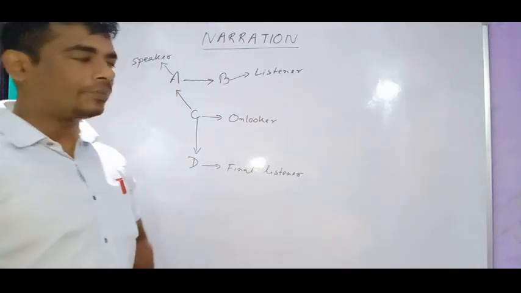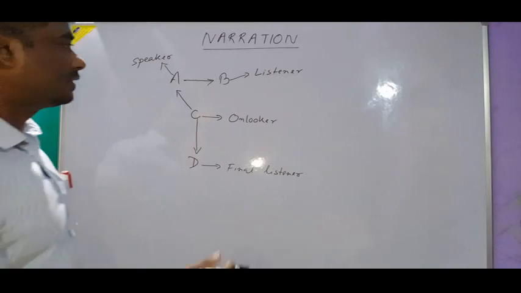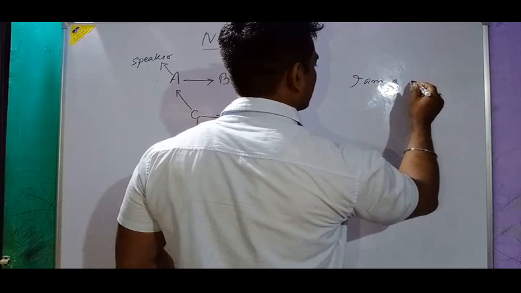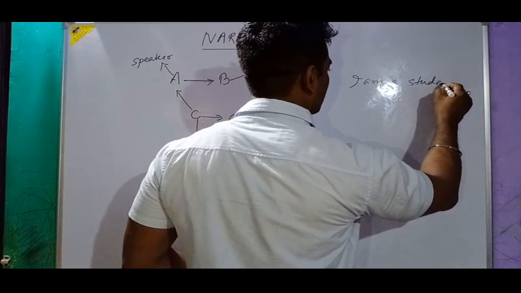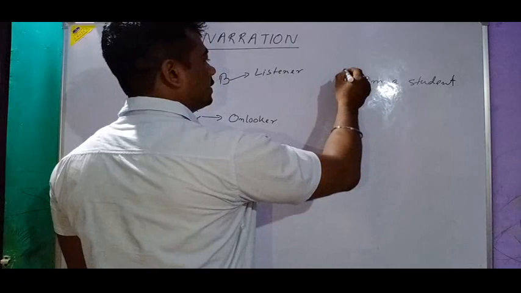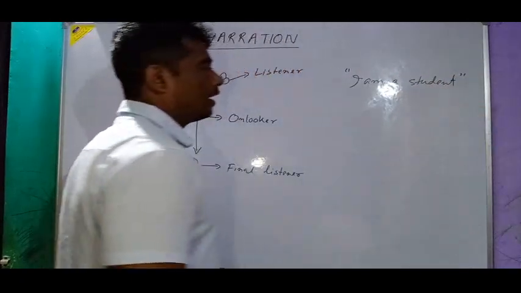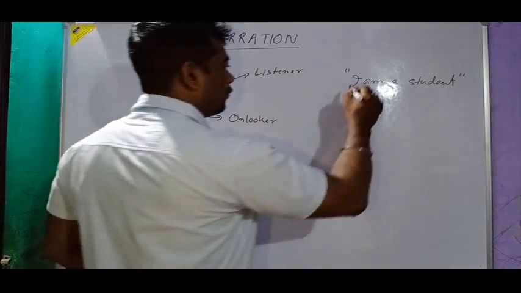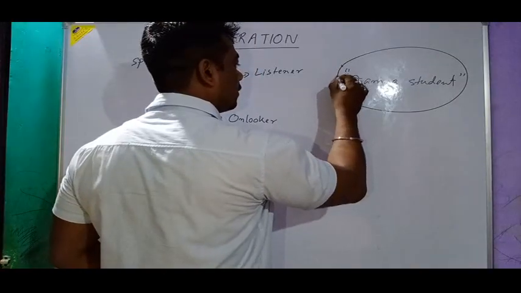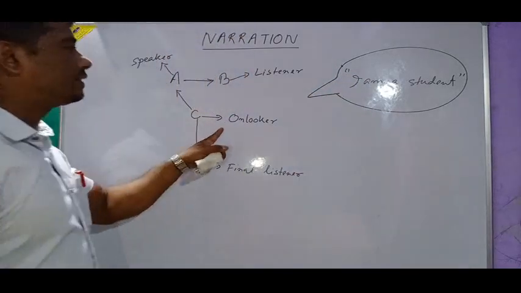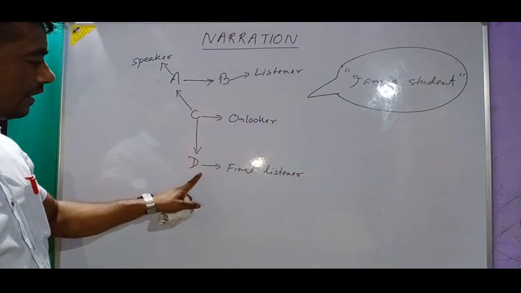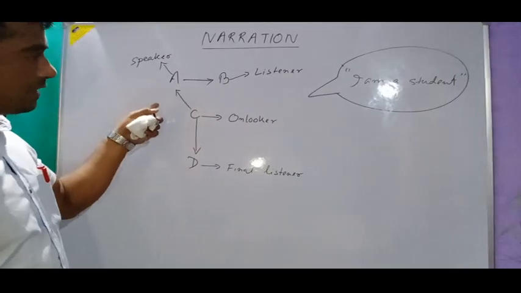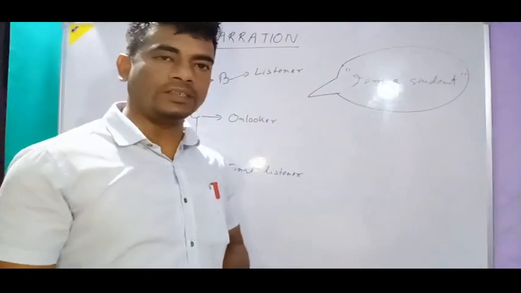For example, suppose this is A's dialogue. When A says, "I am a student," and this dialogue is heard by C, then he will report to D that A said that he was a student.